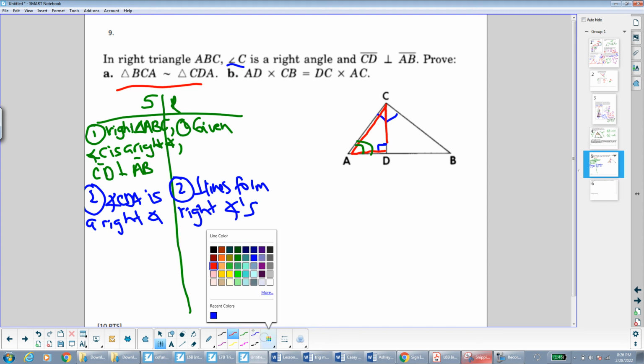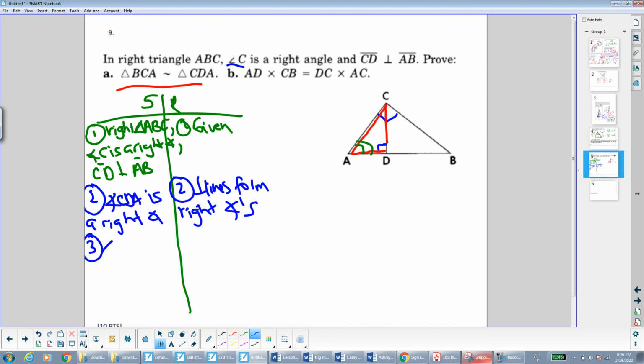So for my next step, I want to say that angle C, which we knew was the right angle from my givens, is congruent to right angle CDA, which I proved as a right angle in the previous step. And our reason for that can be all right angles are congruent.